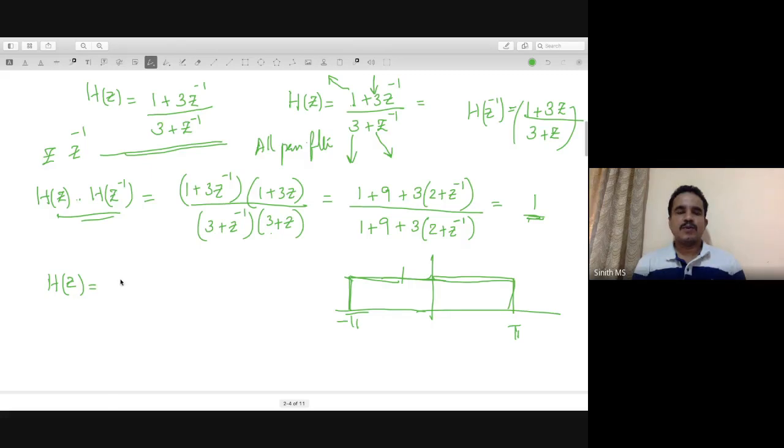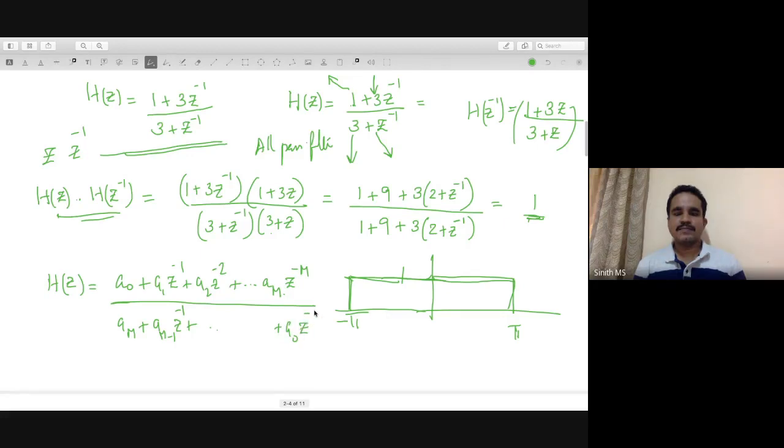H(z) equal to a0 plus a1 z raised to minus 1 plus a2 z raised to minus 2 plus etc. up to say am z raised to minus m, divided by, let us take this as, am plus a(m minus 1) z inverse plus etc. First term will be a0 z raised to minus m.